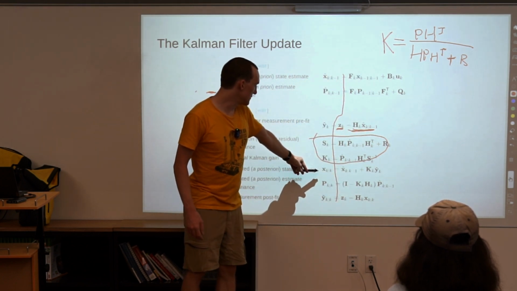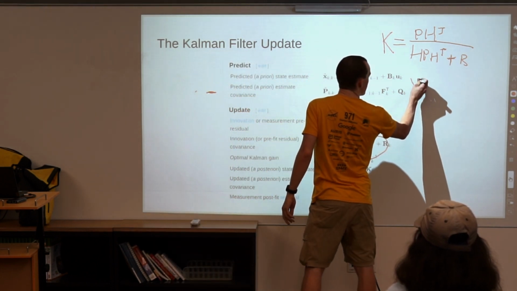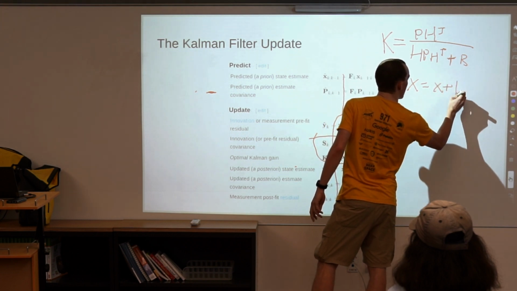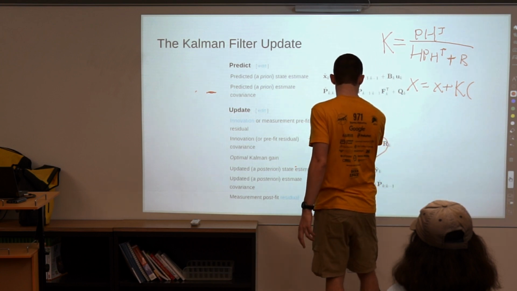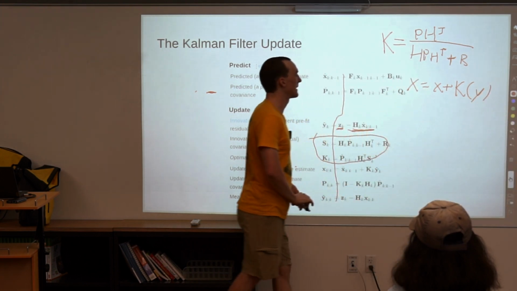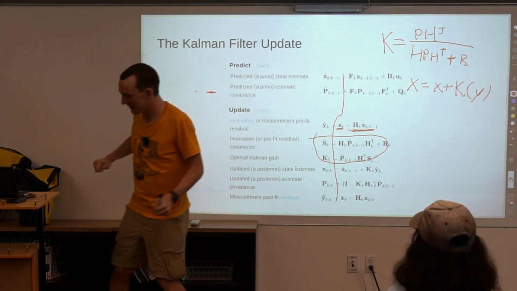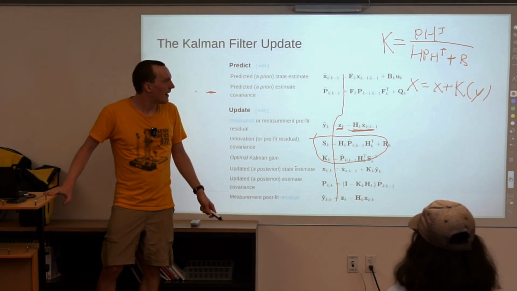And what that K is then used for is, in another moment, you update your state of the system based on K times that Y that is the error in the expected value. And so if this K is much larger, for some definition of larger, then you will trust your sensors more.